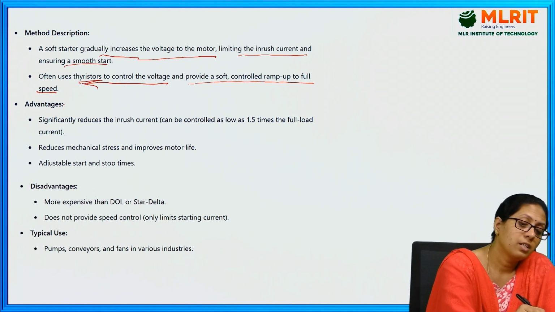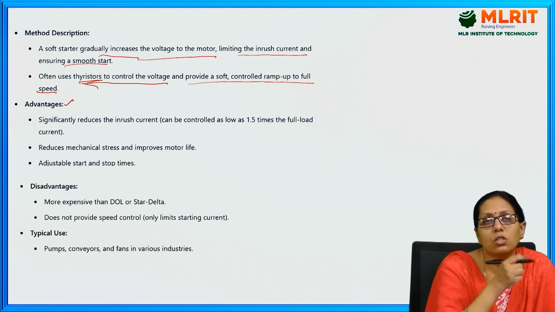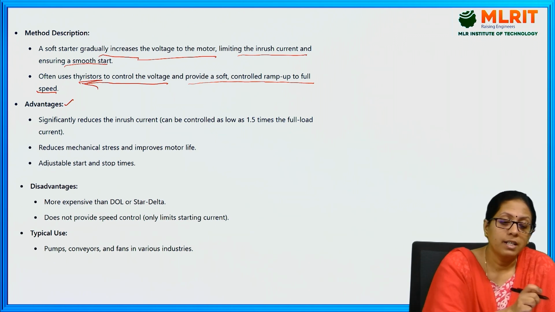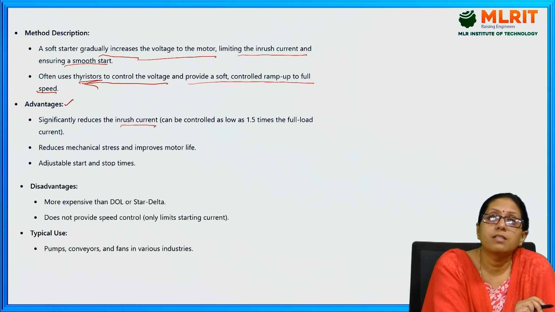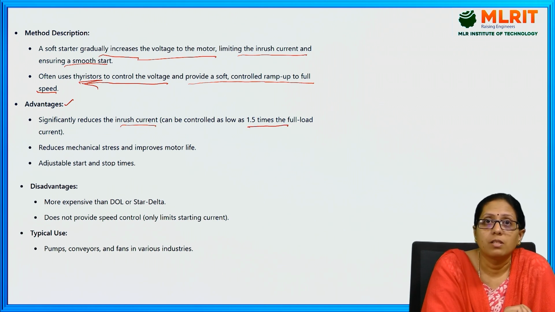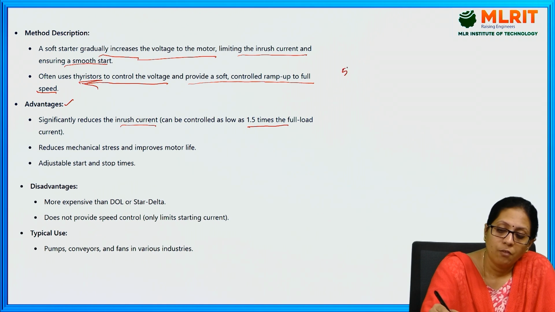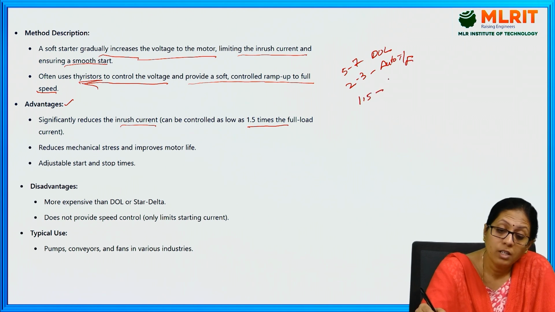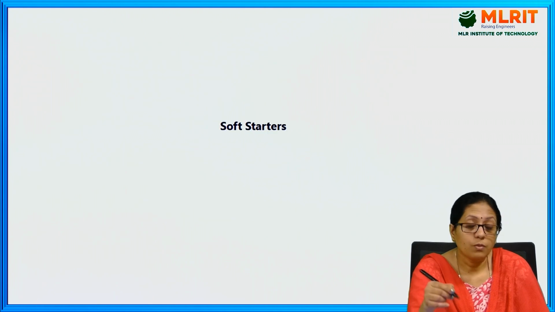What are the advantages of this particular type of starting? It significantly reduces the inrush currents to about 1.5 times. Previously, 5 to 7 times for DOL, 2 to 3 times for auto transformer, and now it is less than 1.5 times for soft starters.